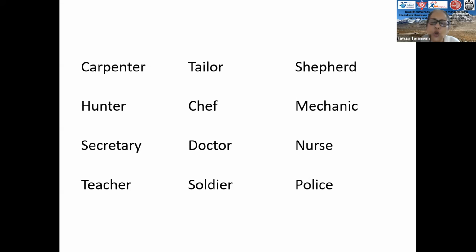See, it is so clear, so evident, how gender roles are defined in a society. It's not that secretaries can't be males, or women can't be mechanics, or women can't be soldiers. We do have a large number of women in the armed forces. We do have women in the police also. Teachers are males as well. But this is the perception that we carry about gender roles.